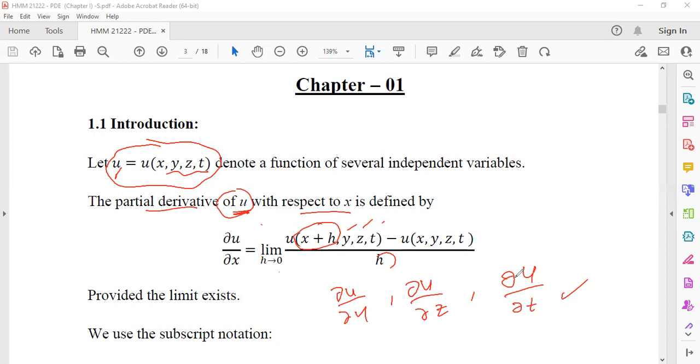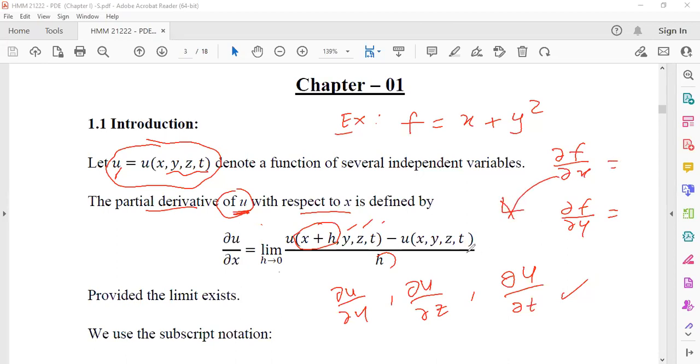I'll give you a small exercise on it so you can start work. Let our function be f equal to x plus y squared. Can you find the partial derivative of f with respect to x, as well as with respect to y, using this definition?